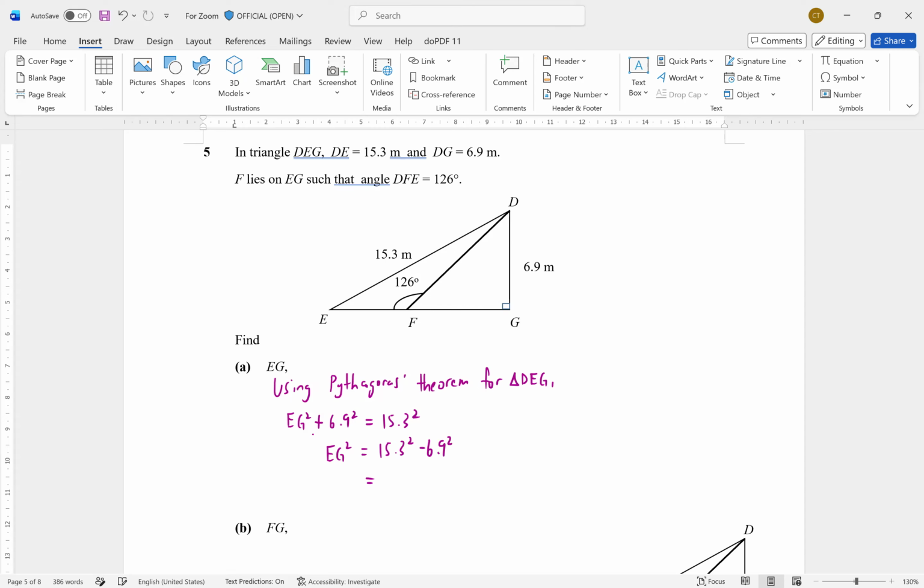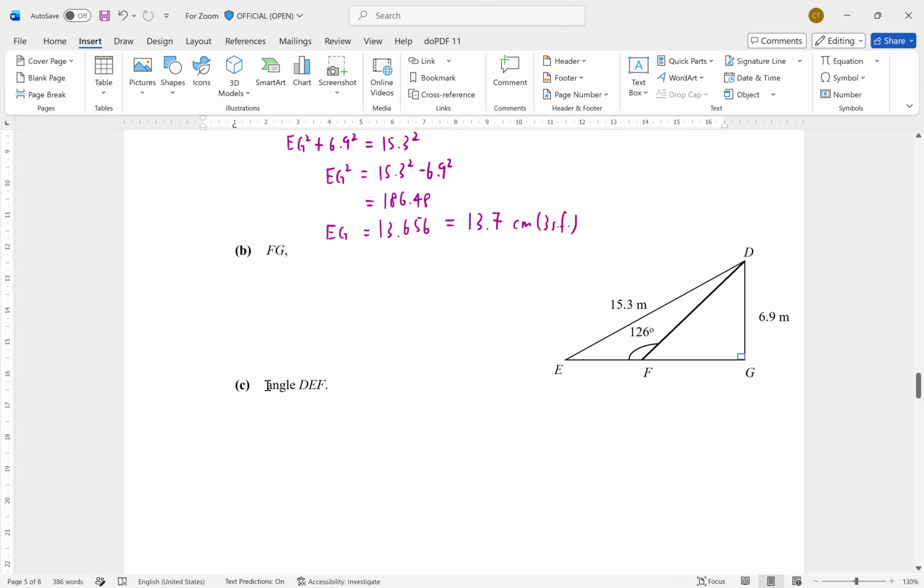Let's calculate. 15.3 square minus 6.9 square, I got 186.48. So EG will be square root of 186.48, which is 13.656. I round off to 13.7 cm. Okay, so we are done.